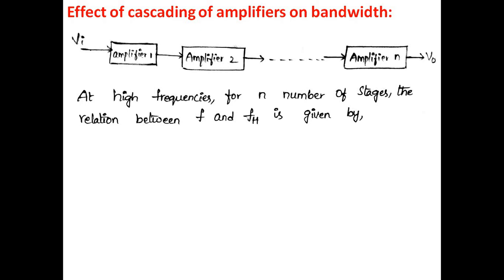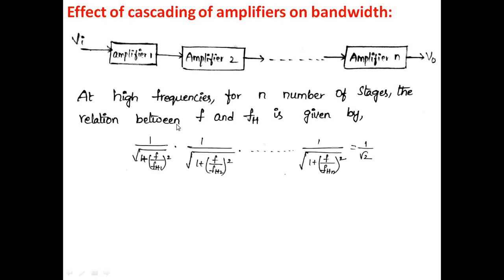We know the basic relation between the frequency f and the higher cutoff frequency, or upper cutoff frequency. This is the relation we have: 1 divided by square root of 1 plus f by fh whole square. This is the formula we have already discussed. This is the formula for one stage, this is the formula for the second stage, this is the formula for the nth stage.